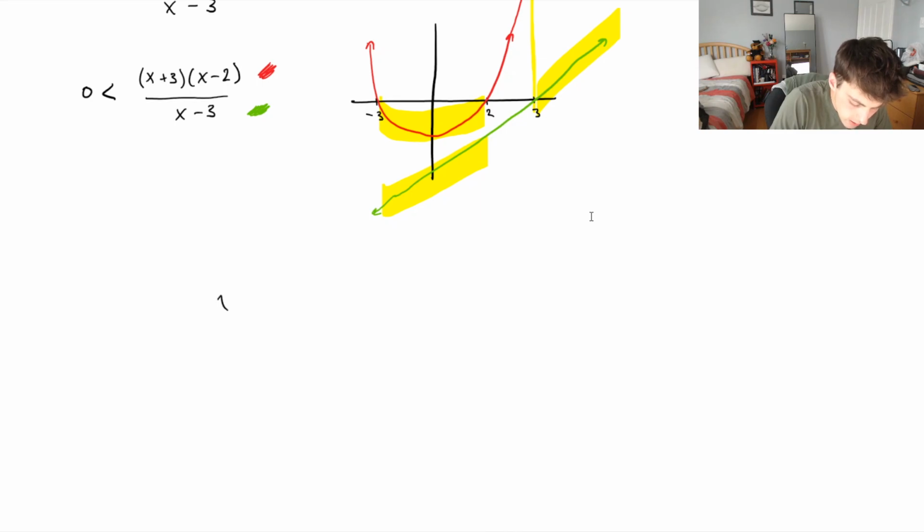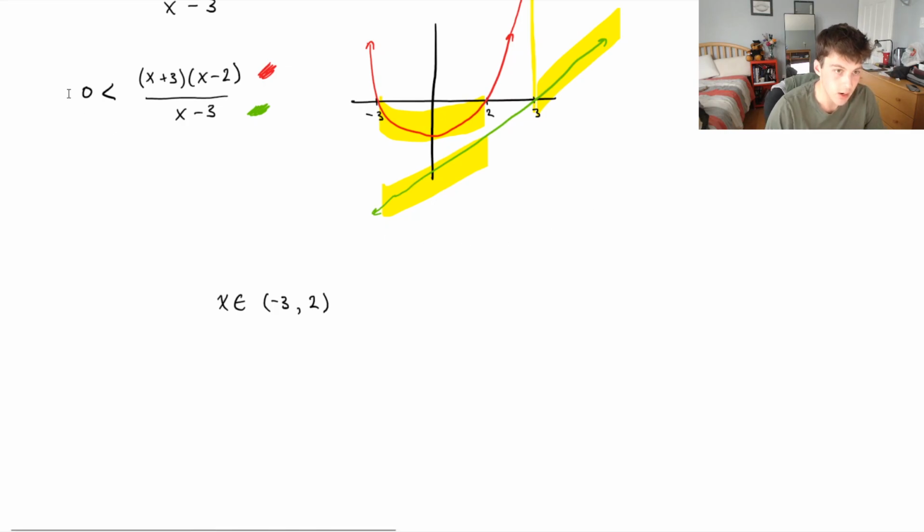So that leaves us with x must be, and we'll use set builder notation, or actually, I don't know if that's the right word. I'm not sure. I'll have to look that up after. From -3 to 2. And remember, since our inequality is not inclusive, we have round brackets here. If it was equal to, we would use square brackets.